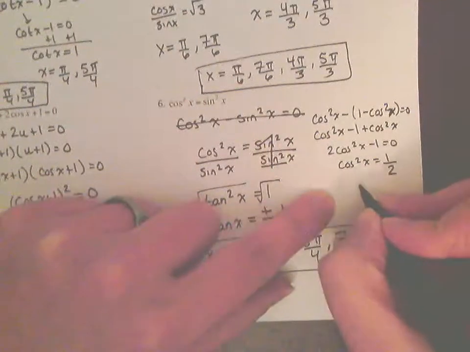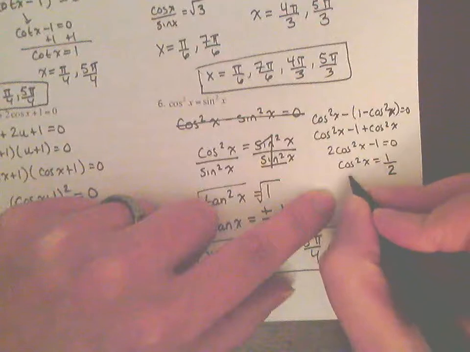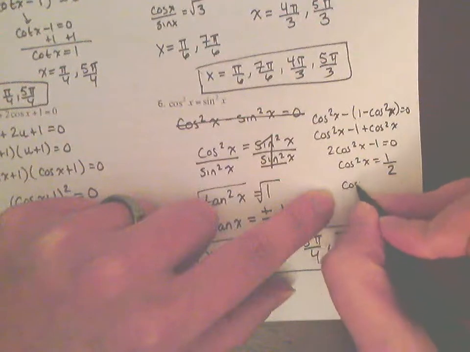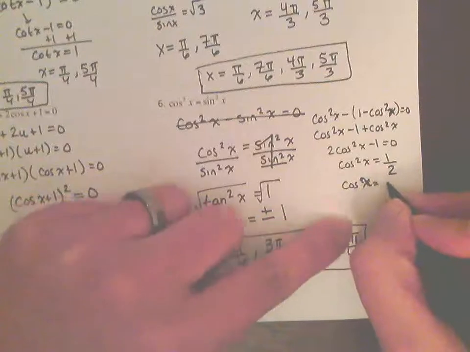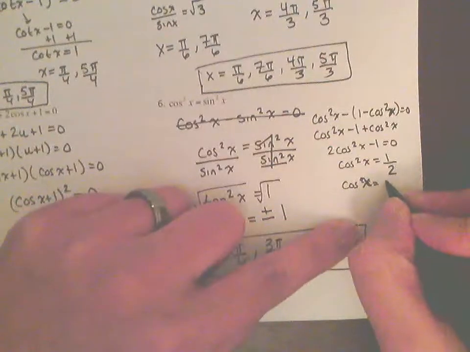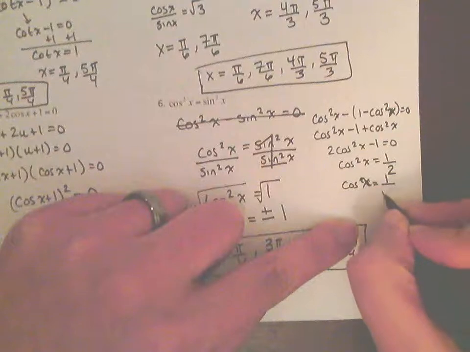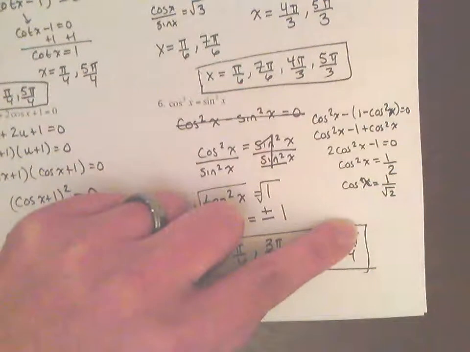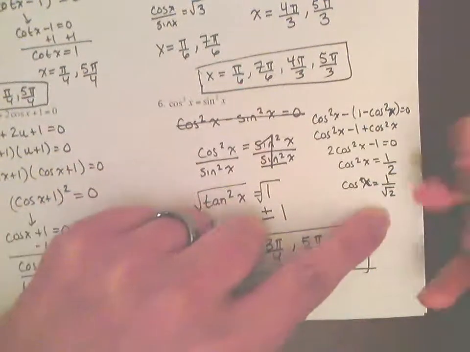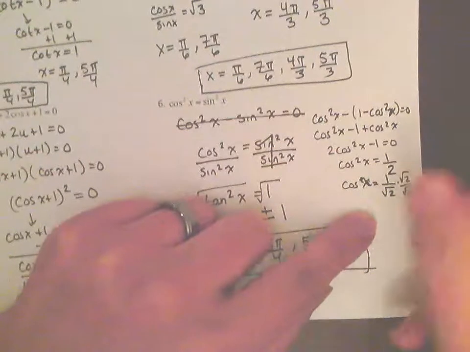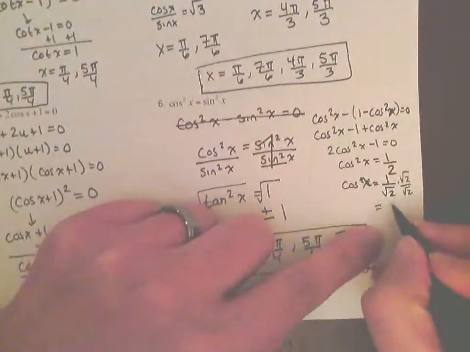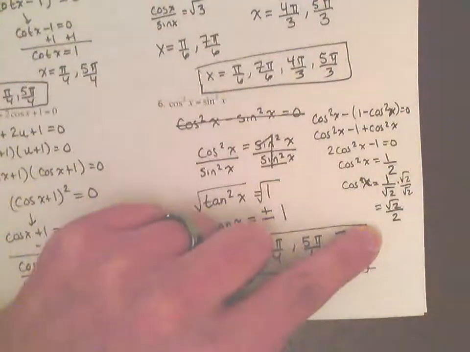You take the square root of 1/2, which becomes cosine of x is 1 over square root of 2. You rationalize that denominator, so you end up with cosine of x is square root of 2 over 2.